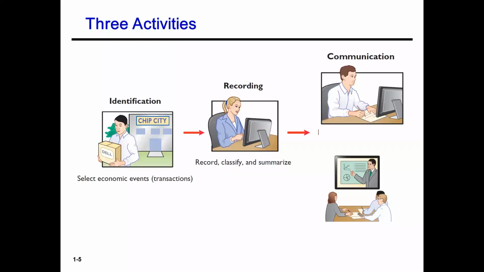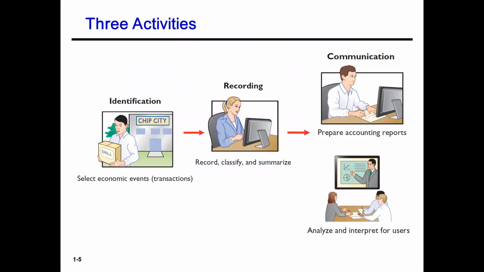And then the third activity is take this summary of the economic events and communicate it to interested users by preparing accounting reports. And then usually the accountant's role is to analyze and interpret what happened to the company financially during this accounting period.